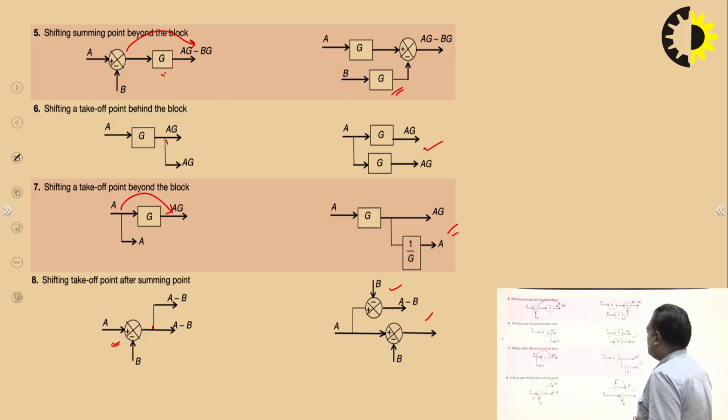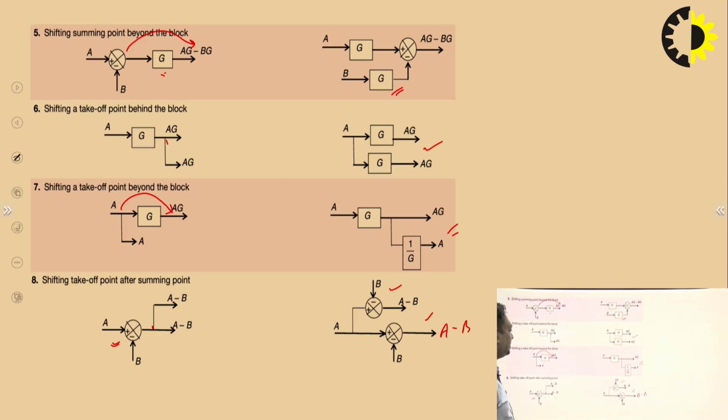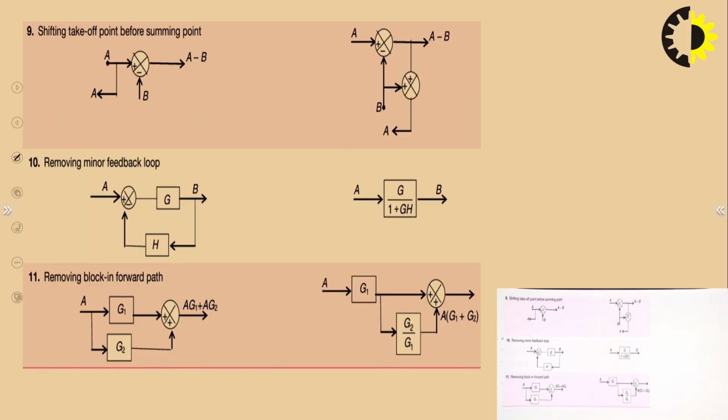So you can see in both the cases we are getting the same type of output. Here again we are getting the output A minus B. So this is the combination when we are shifting the takeoff point after the summing point. Okay. So these are the rules. Other rules, shifting takeoff point before summing point.